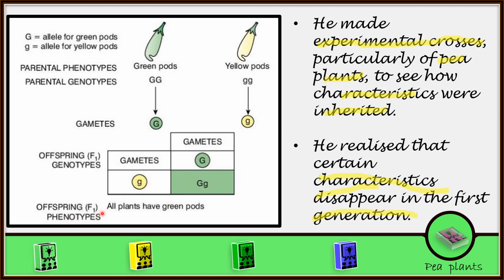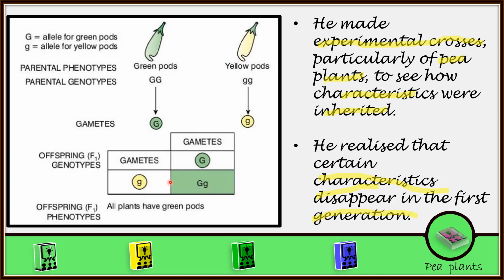You find that the yellow offspring have disappeared, yet we used the gametes from the yellow parent and the green parent. But one of the characteristics, the yellow offspring, all of them disappeared.